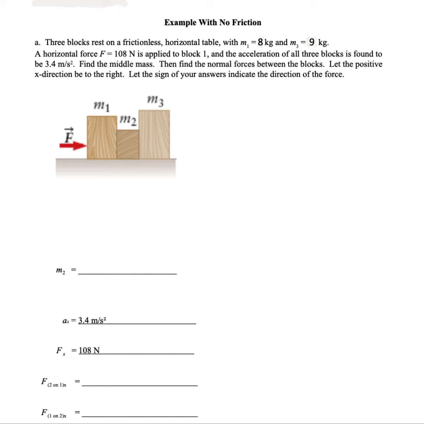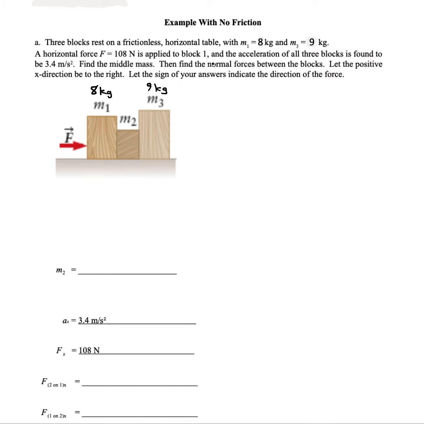3 blocks are at rest on a frictionless horizontal table with M1 equal to 8 kilograms and M3 equal to 9 kilograms. We don't know what M2 is, but there's a horizontal force of 108 newtons applied to block 1.